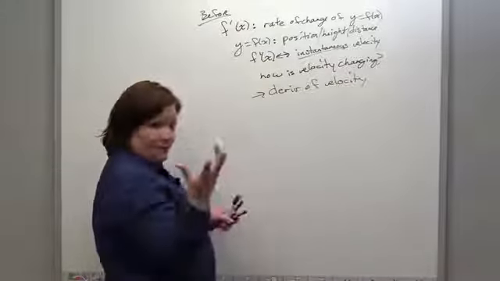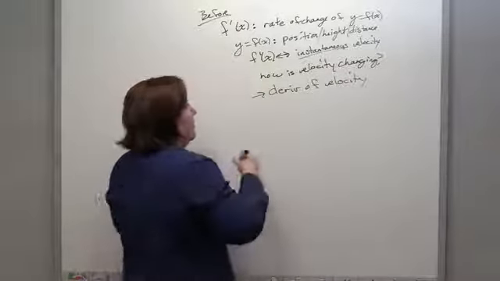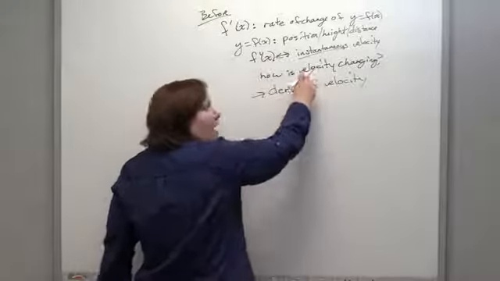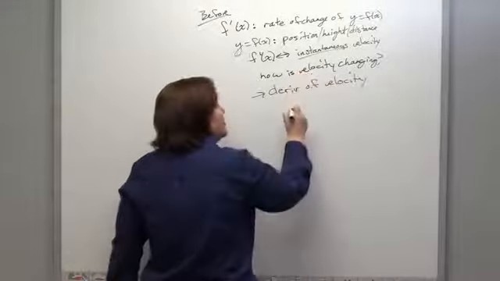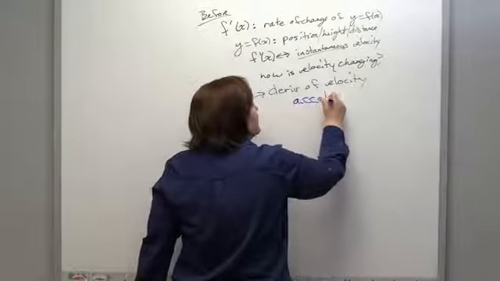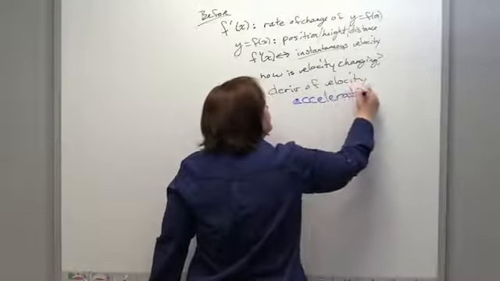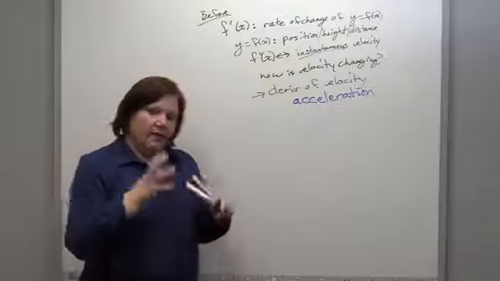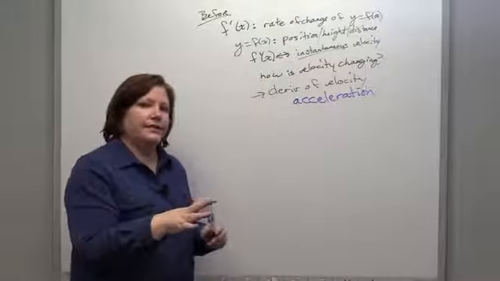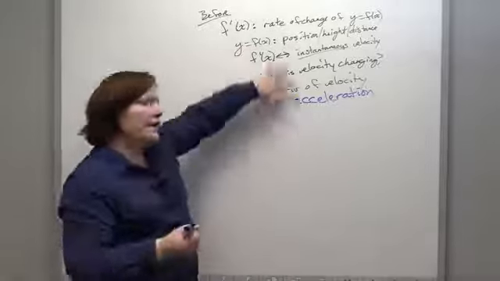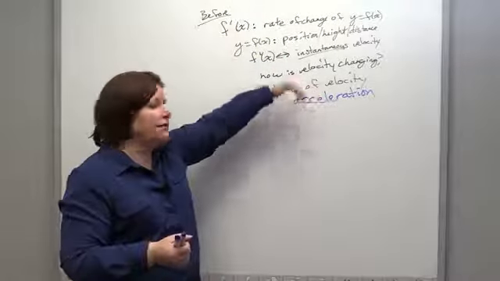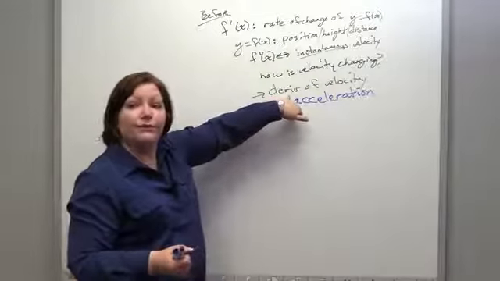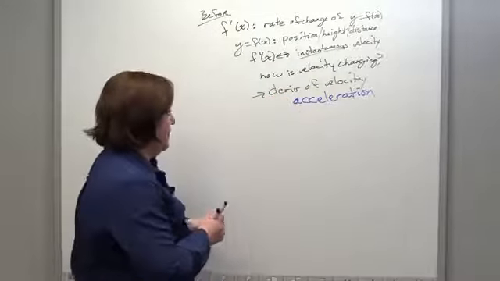Some of you may know this from other classes: how velocity is changing is measured by acceleration. That's a concrete example from physics, but in other situations also, this type of situation of looking at the derivative of the derivative is going to be important.